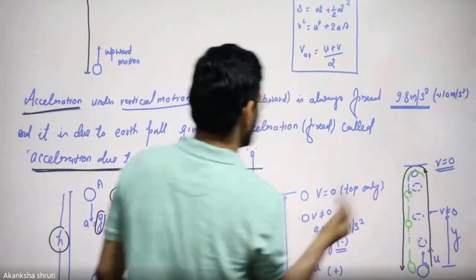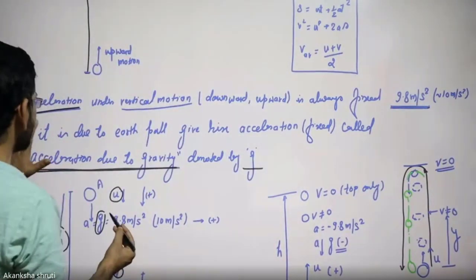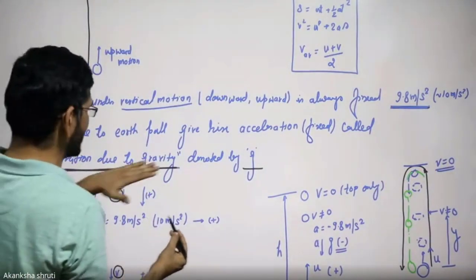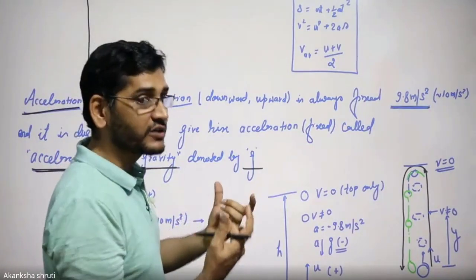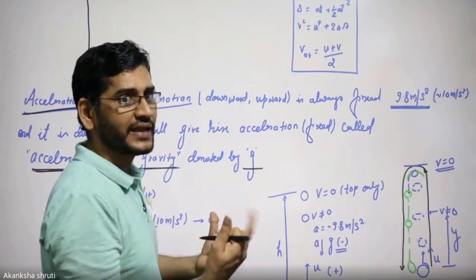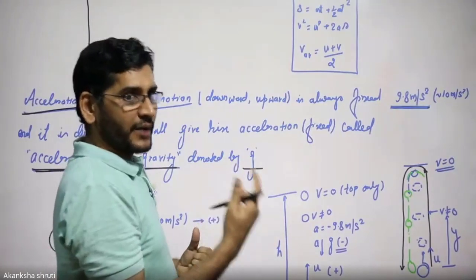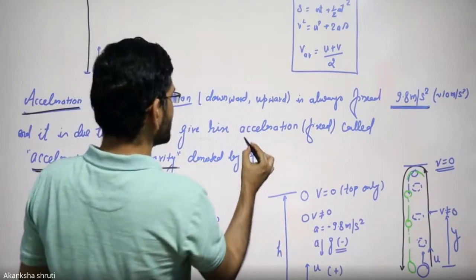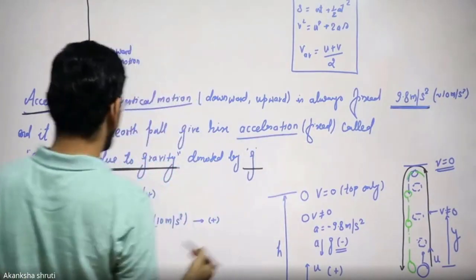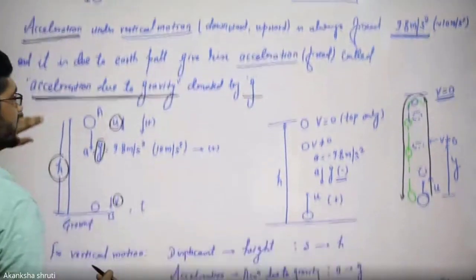This acceleration is given a special name, acceleration due to gravity, because it is due to the earth's pull, which always applies the same amount of force on the body and gives rise to the same amount of acceleration.